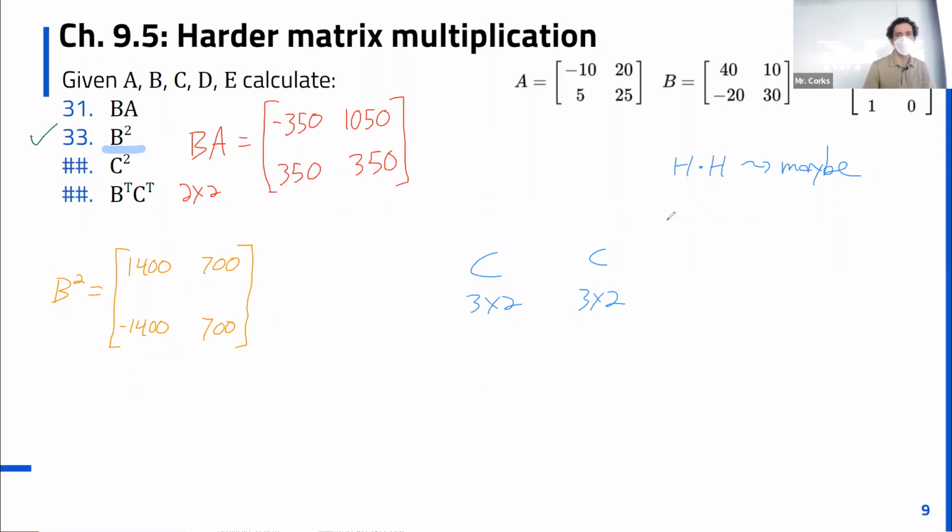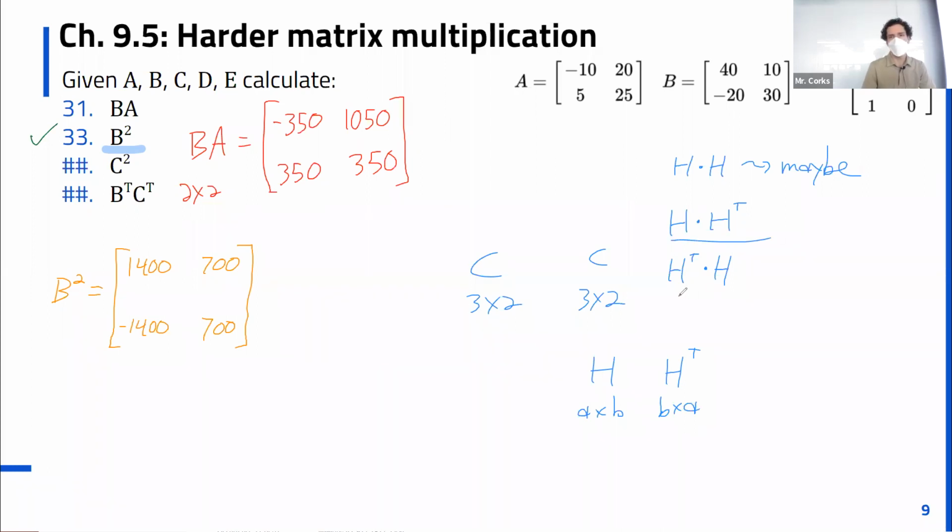Transpose. Okay, so tell me what could work. H times H transpose will always work, and the same way around, H transpose times H will also always work, because if H has dimensions A by B, then H transpose must have dimensions B by A.